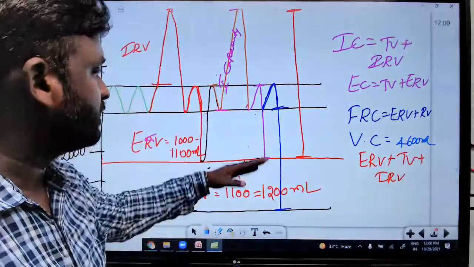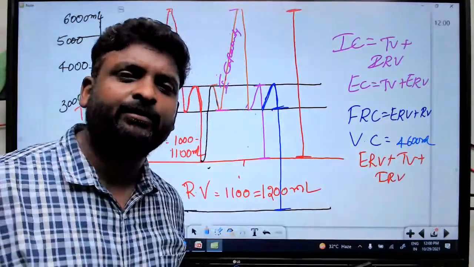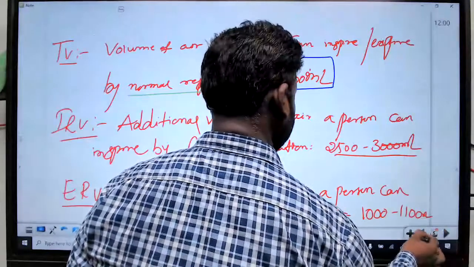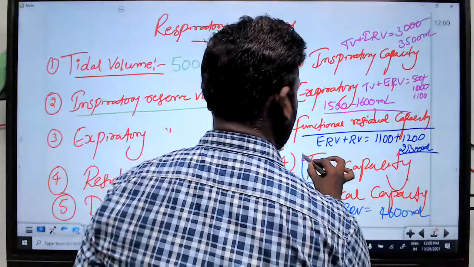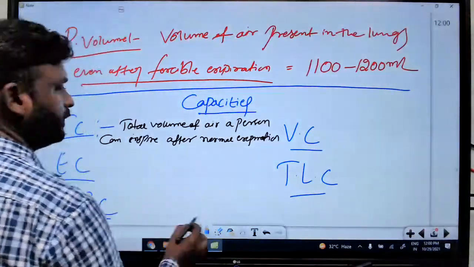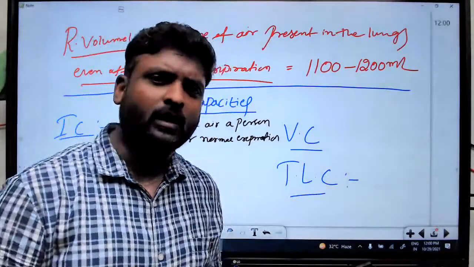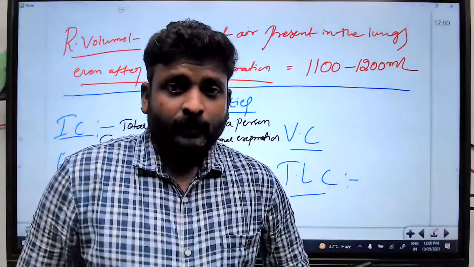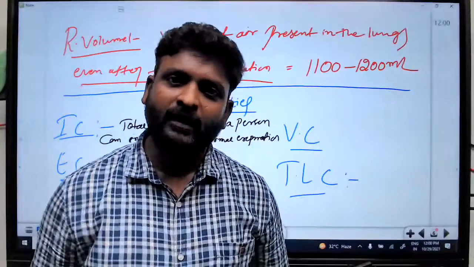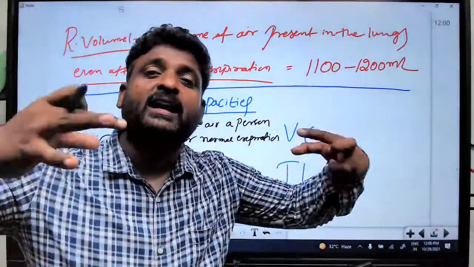The last one for today is total lung capacity. What is the definition? Total lung capacity means you have to do forced inspiration, and now, what is the volume of air remaining in the lungs?